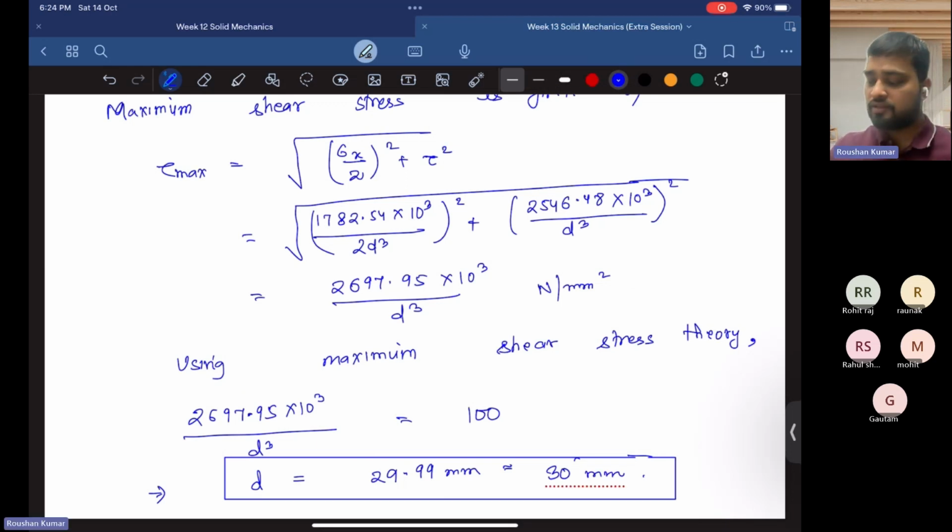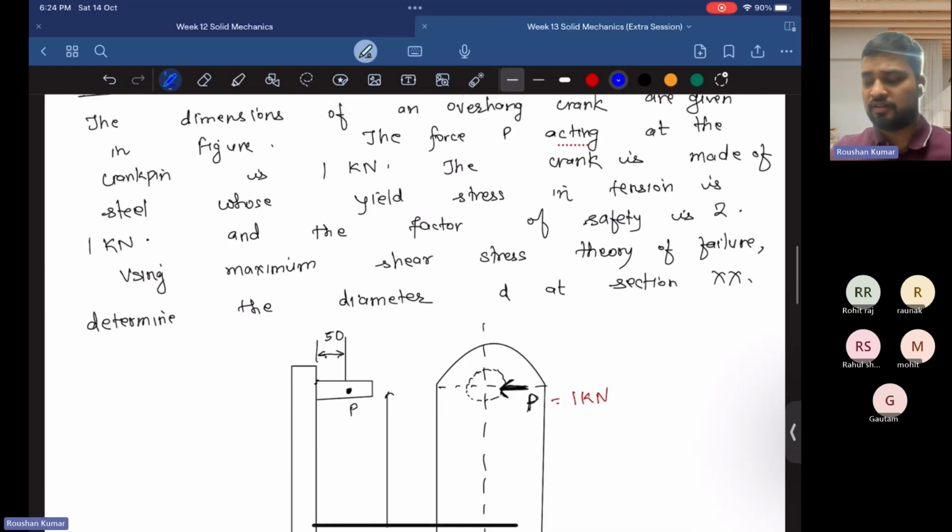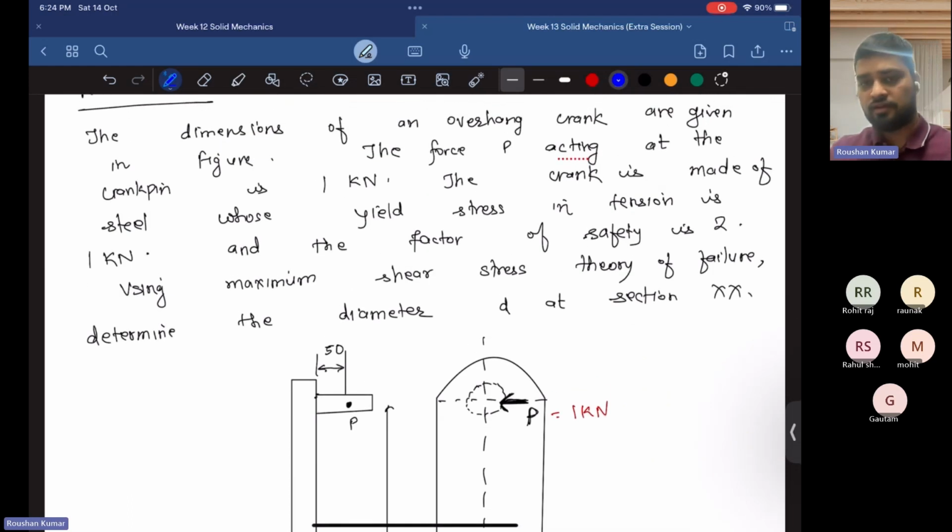Okay, I hope you understand this question. This is a very basic question, but a good question. Using this question, a simple problem can easily be built that will be useful in your assignment problem or in your final proctored exam, which is going to happen in the last week of October. So this is a very good question from the exam point of view.